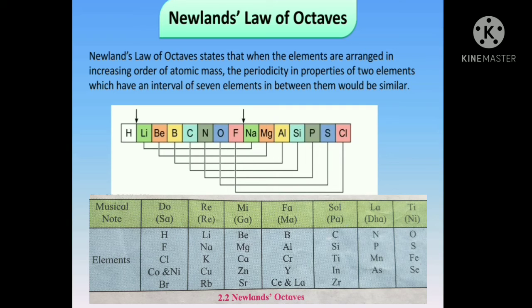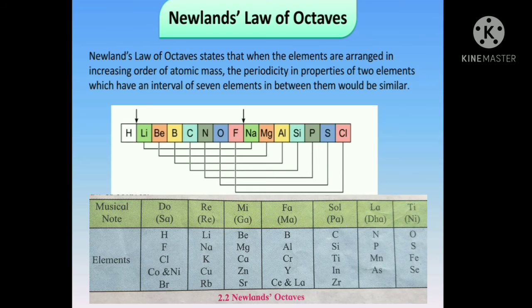Here, Newland tried something like this. If you see this figure, Li and Na. So if I start from H, I can call it Do. Li becomes Re. Be becomes Mi. B becomes Fa. C is Sol.